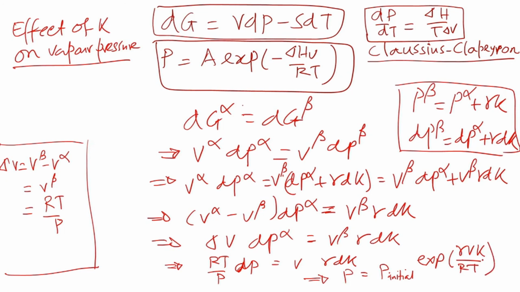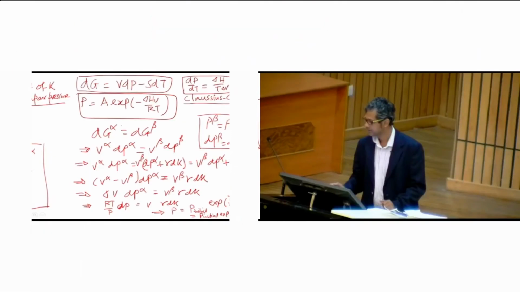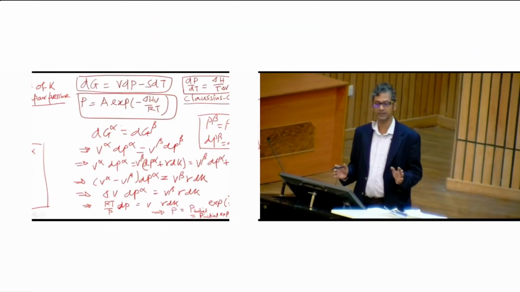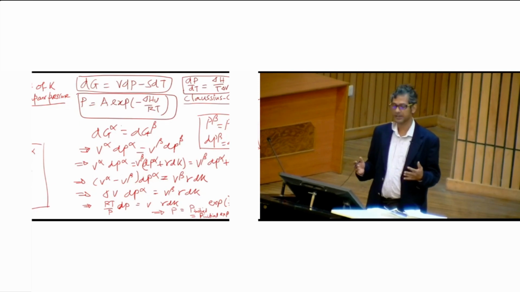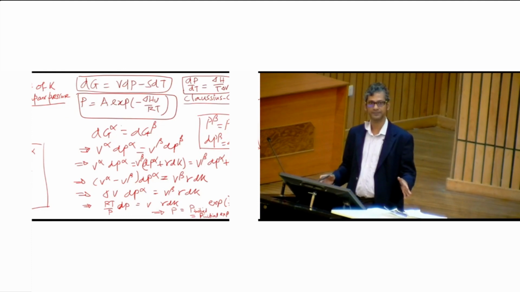So, you get an exponential relationship, and this can be written as P initial times exponential of gamma V over R T r, where one is capital R and one is small r. Capital R is the gas constant, small r is the particle radius. So, you have understood, right? These two relationships are very important for pure components: temperature and pressure related to the size of the particle. This can be derived directly from thermodynamics.